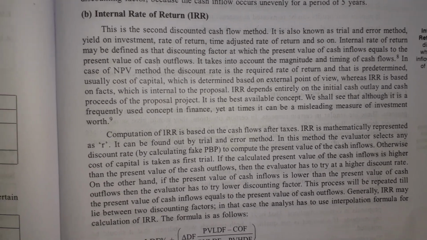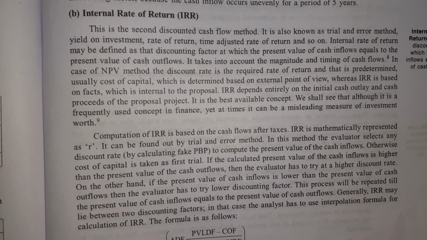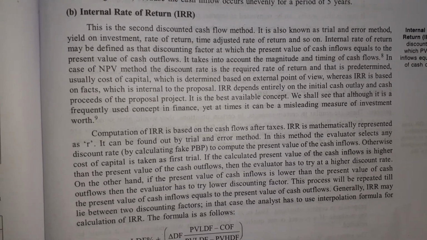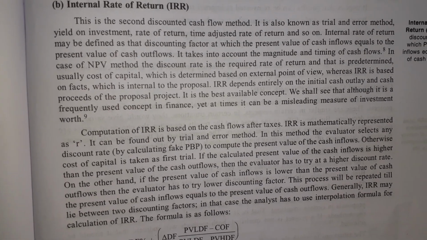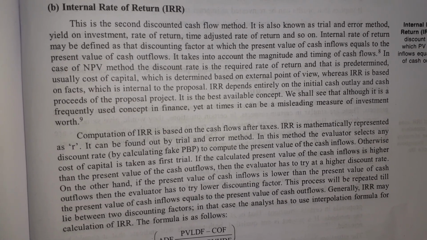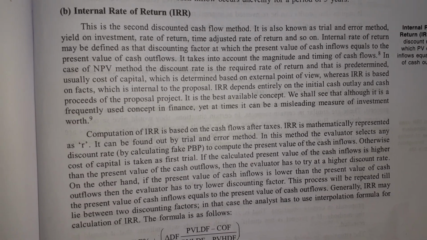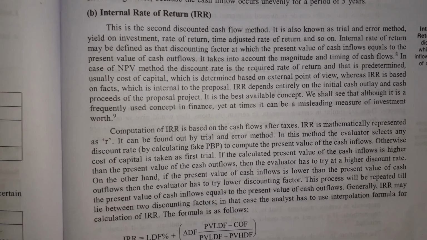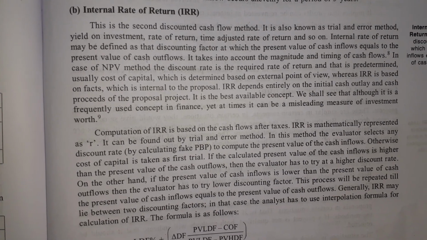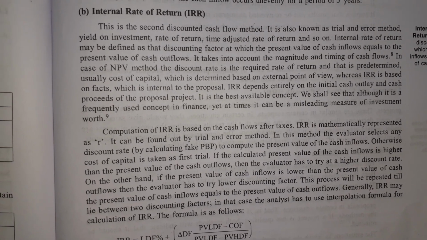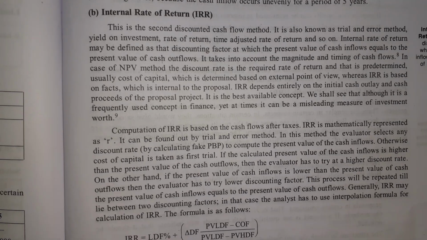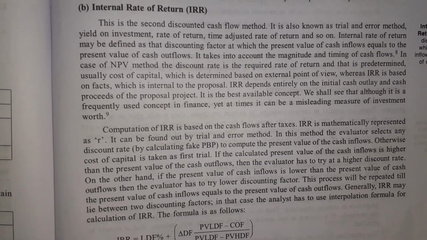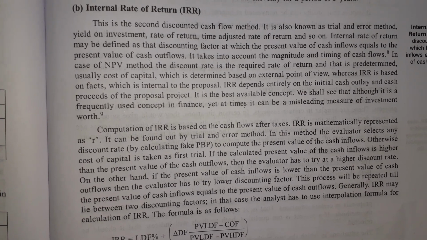But for IRR they will not be giving this rate, so we have to find it out. NPV considers the external forces, and they derive the rate of return or cost of capital. But internal rate of return considers the internal aspects of the project or the company's investment. That's why we have to derive it.